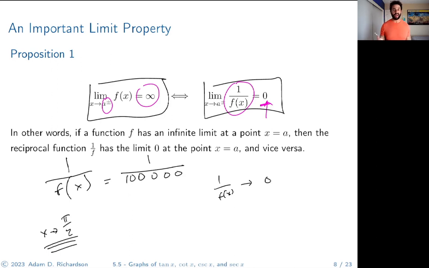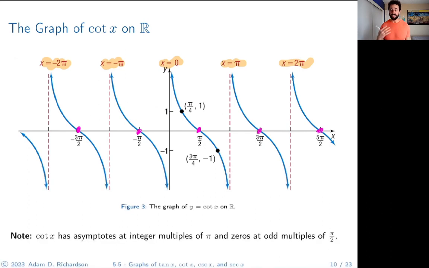You don't really need to graph much more. You can basically deduce what the graph of cotangent is going to look like just by looking at the graph of tangent and reciprocating the behavior. And you can do that for all of the other points as well. It's not just infinite values and zeros; you're basically just reciprocating every output value. And that's how you graph cotangent.